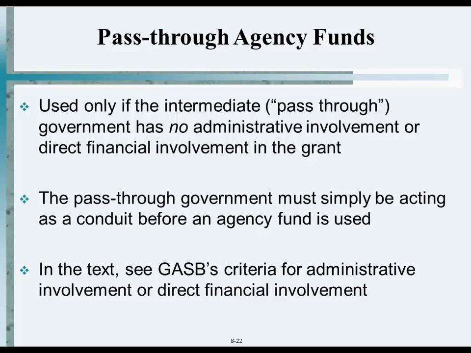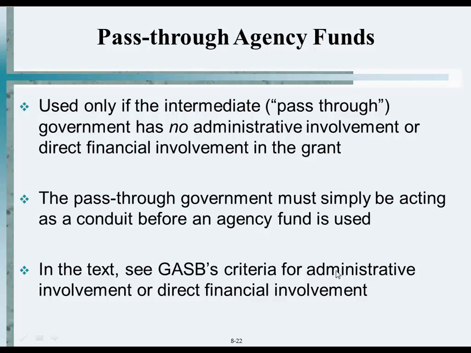Or we'll give you the $10 million, but you need to put up $5 million. That's called a matching requirement. If there is any kind of administrative involvement or matching requirement, there's no longer a pass-through grant. Then it comes in as revenue and goes out as expenditure, because the state has the ability to change the disbursement of those grants. Okay?